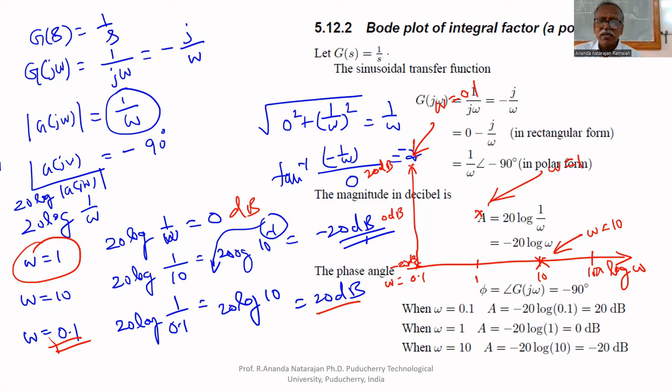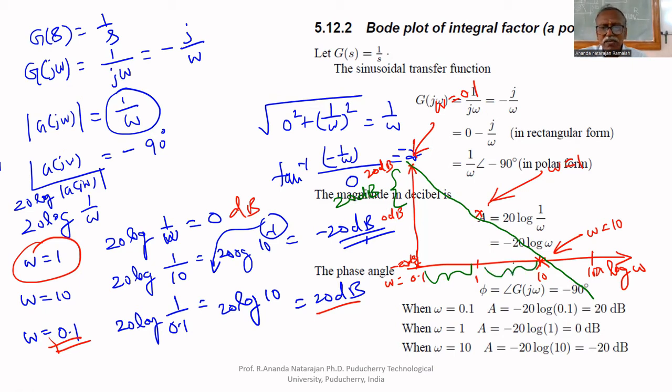So what are you getting? The plot is like this. What is the difference between 0.1 and 1? The magnitude change from 0.1 to 1 is 20 dB.